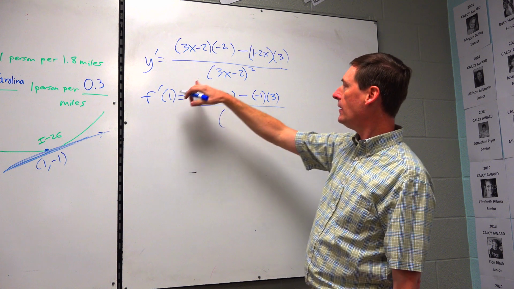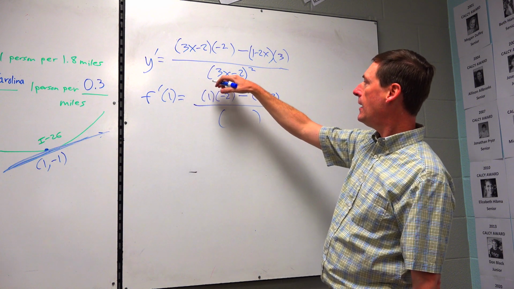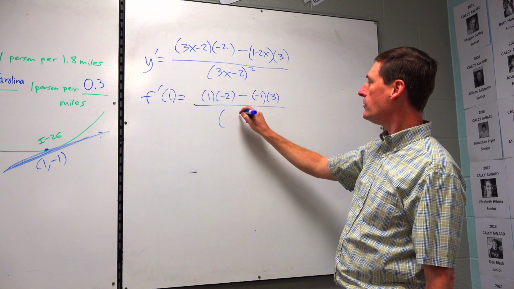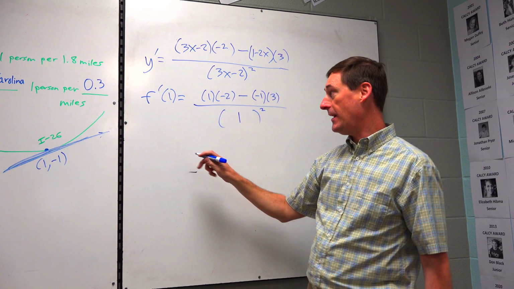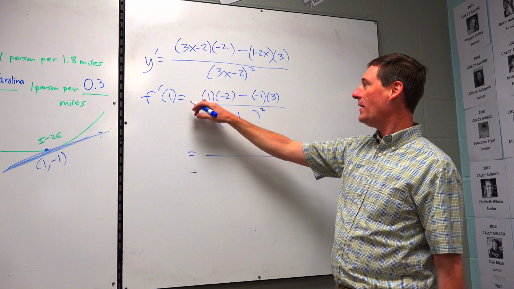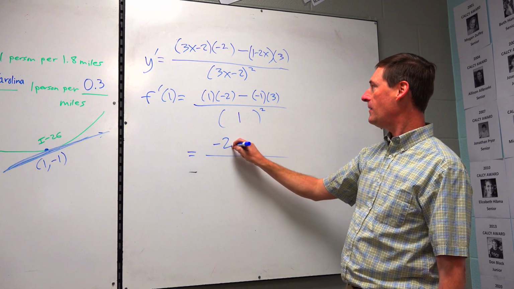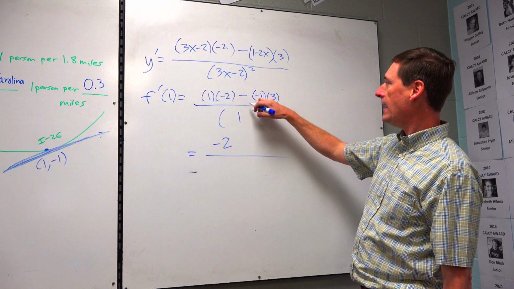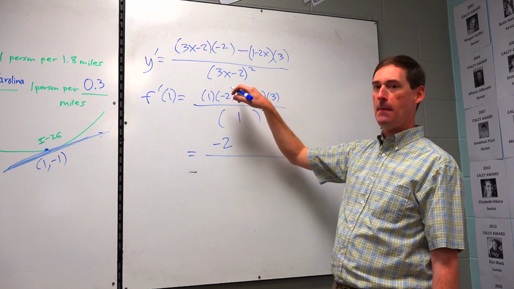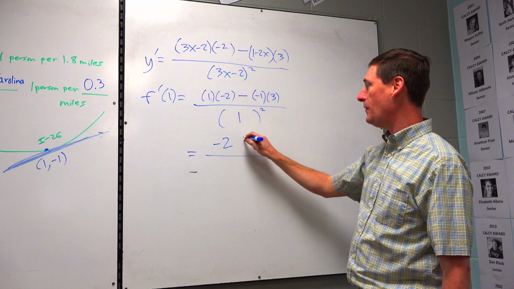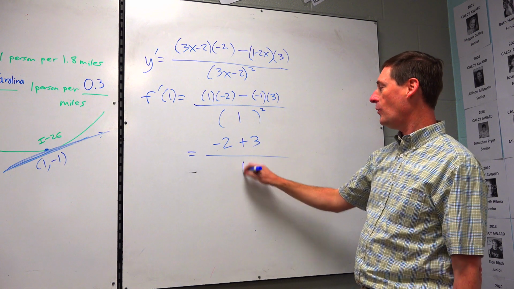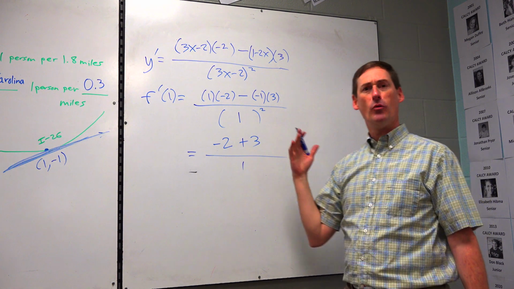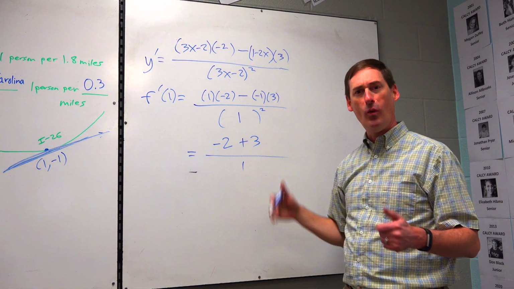And on the bottom, you would get 1 times 3 is 3, minus 2 is 1, squared. Okay? Less intimidating now. So now 1 times negative 2 is negative 2. 3 times negative 1 is negative 3, but it's a minus 3, which is a plus 3. And 1 squared is 1. And you actually end up with 1 over 1. That's pretty easy. 1 over 1 is 1.